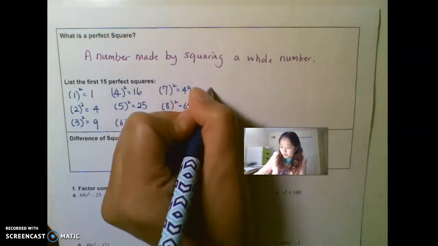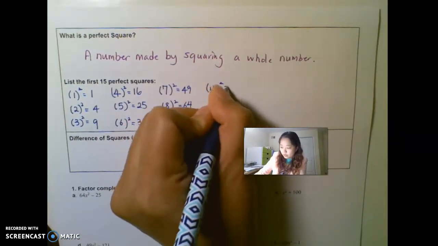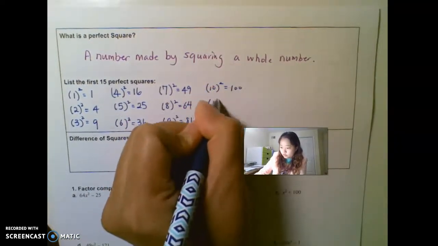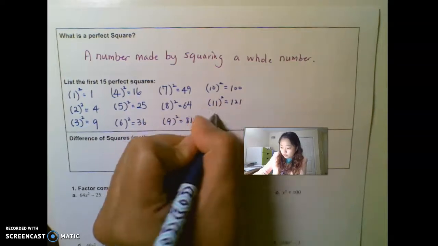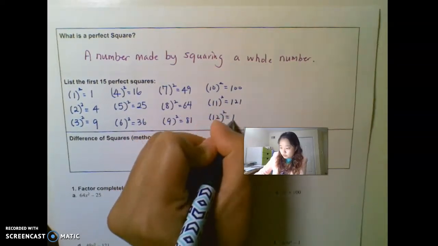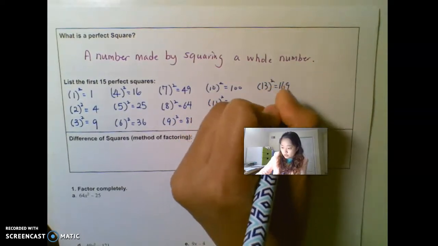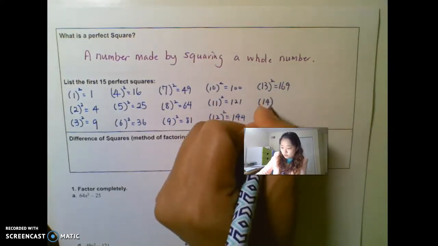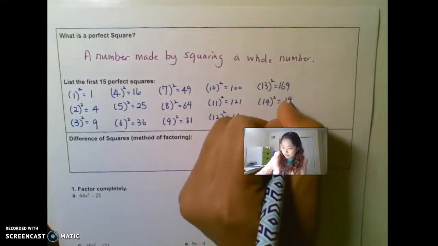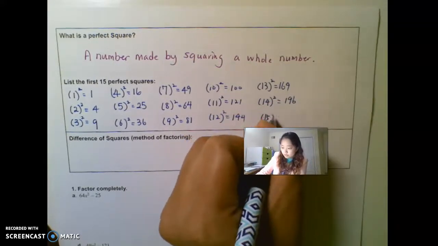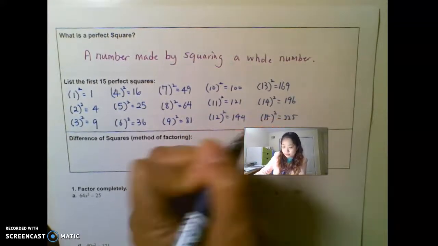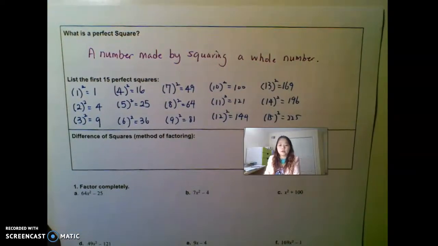Well, I know 10 squared is 100. 11 squared is 121. 12 squared is 144. 13 squared is 169. 14 squared is 196. 15 squared is 225. So if you notice these numbers, you should remember that these are perfect squares. That way you can easily factor them.